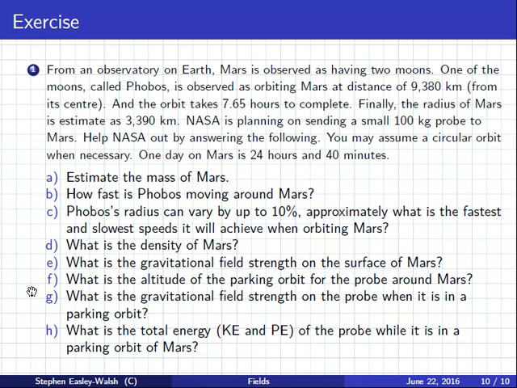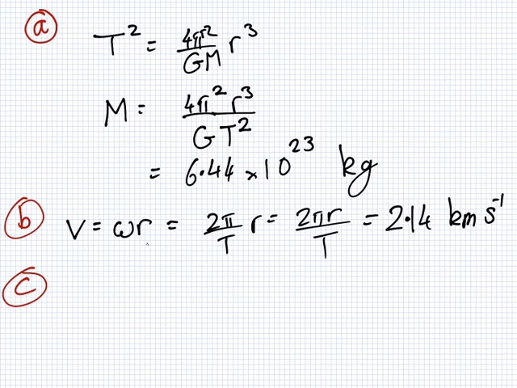Yeah, let's see. Oh, here we go. Phoebus' radius can change by 10%. What is the fastest and slowest? Okay, so we'll look at the fastest. So we have V1 r1 equals V2 r2.